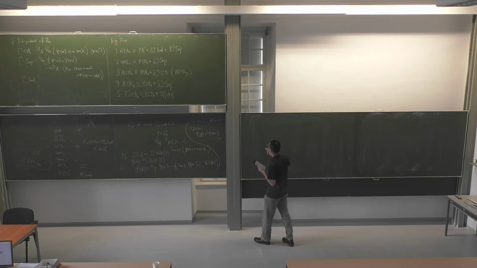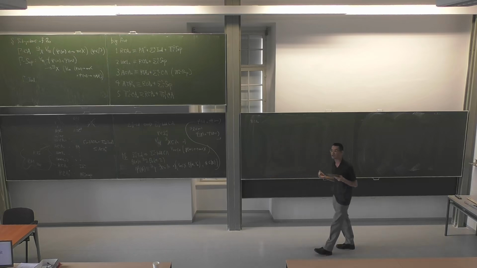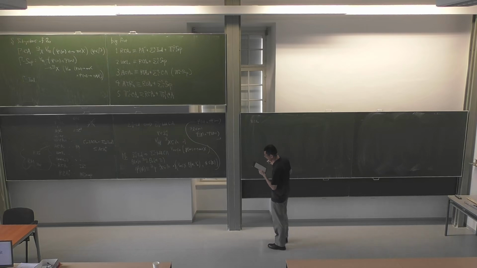So for example, within RCA0, the system is, of course, more like a computable math, right? What is important is, first of all, we can always code finite sequences.